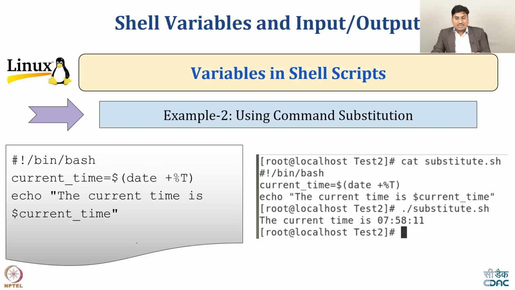Take an example here: the same program I wrote in substitute.sh, the same command, and when I try to run this script, you can see that it has printed the time.